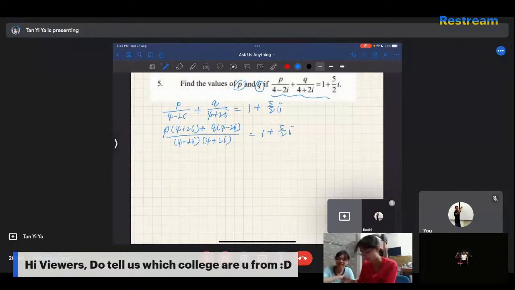So we can just expand it, become 4p plus 3pi plus 4q minus 2qi. Okay, so from this equation, you can know that 4 squared plus 2 squared.